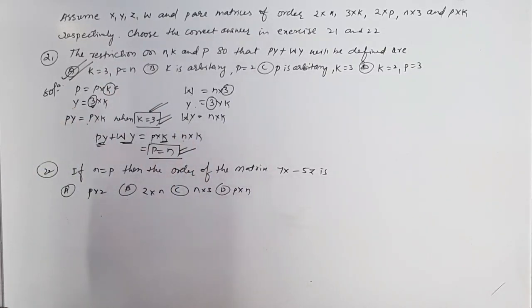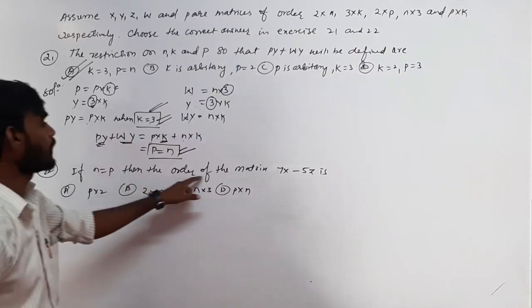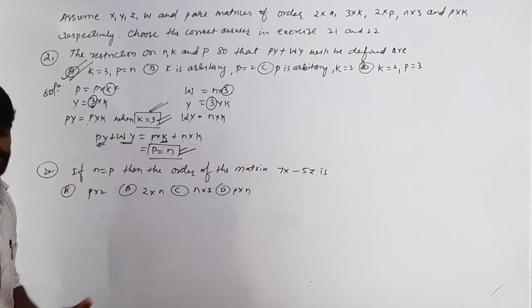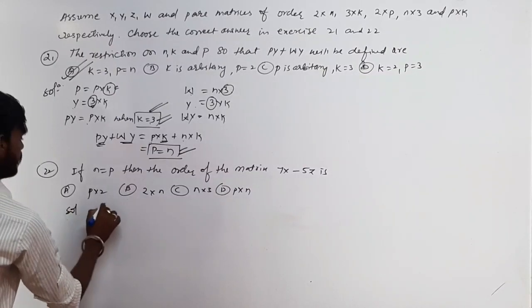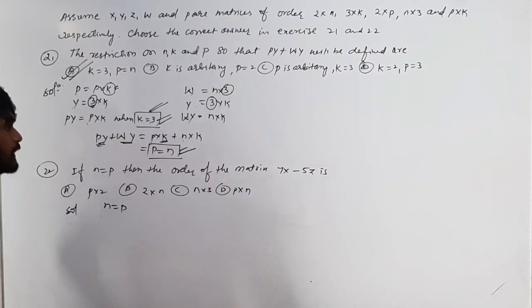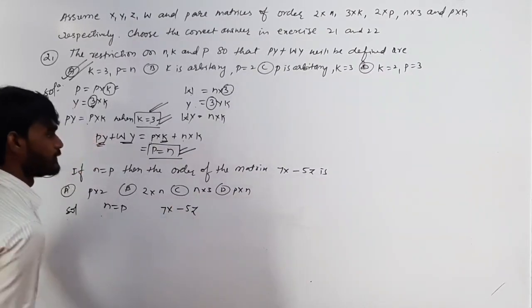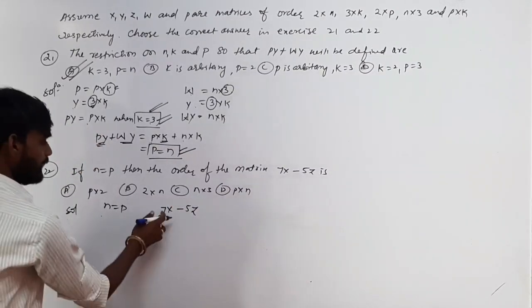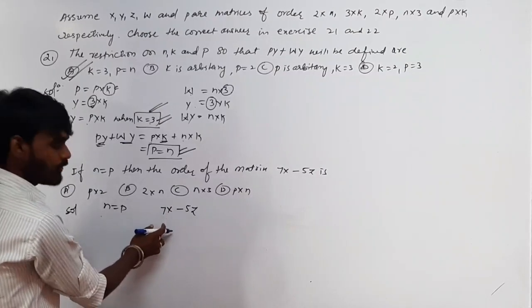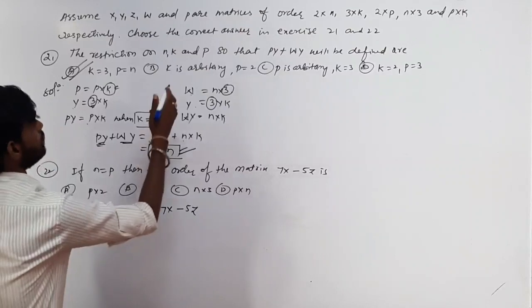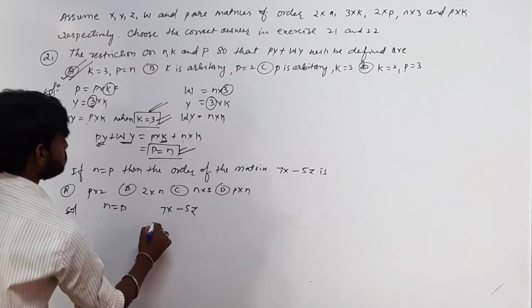Now the same thing, if N is equal to P, then what will be the order of the matrix 7X minus 5Z? N equal to P. So the matrix will be 7X minus 5Z. So 7 is a scalar constant times X, then the order will be the same.